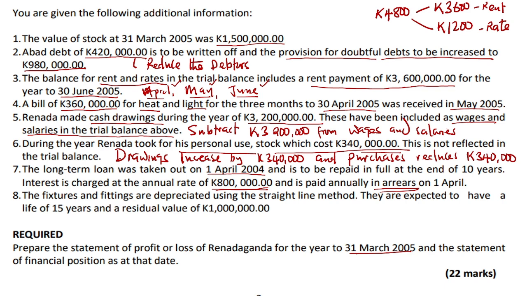When you multiply by 3, you get 900. That 900 is what we call a prepayment. Are we together? It was paid in advance, so it's not supposed to be included in the 1st April 2004 to 31st March 2005. Hence, it's supposed to be deducted from that value.